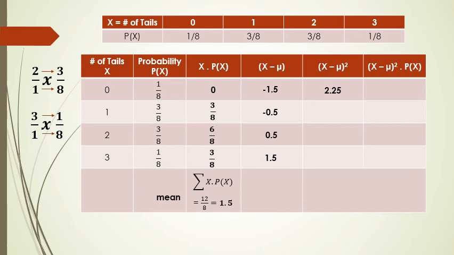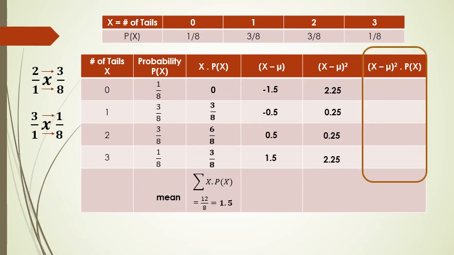Next, negative 0.5 times negative 0.5 is positive 0.25. Then 0.5 times 0.5 is 0.25. And 1.5 times 1.5 is 2.25.